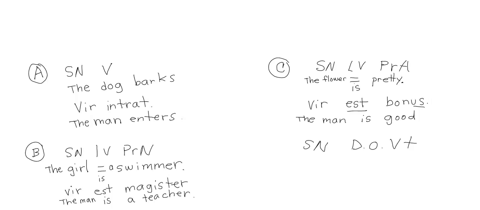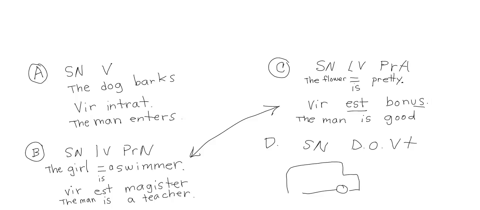Now we have one more pattern. So that pattern C should be pretty easy if you also understand pattern B. Very similar. Instead of a noun at the end, we have an adjective at the end, but we're still using these linking verbs.